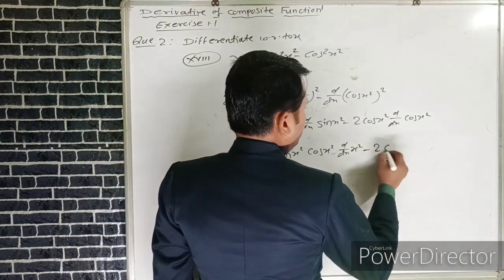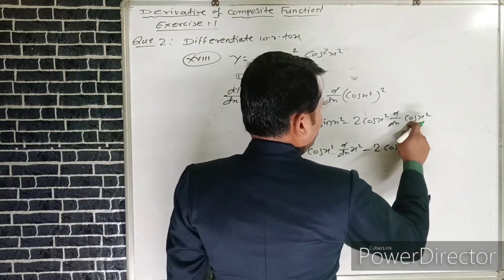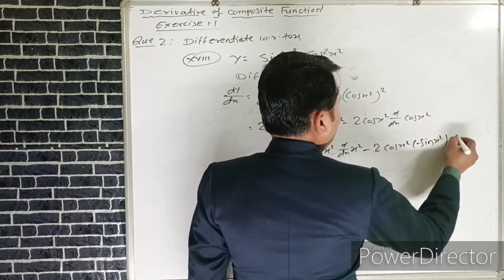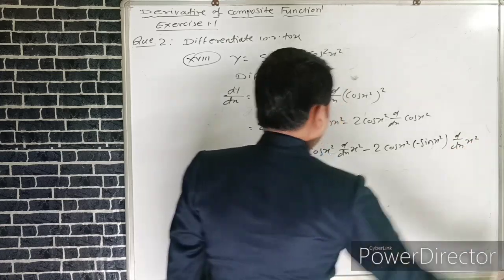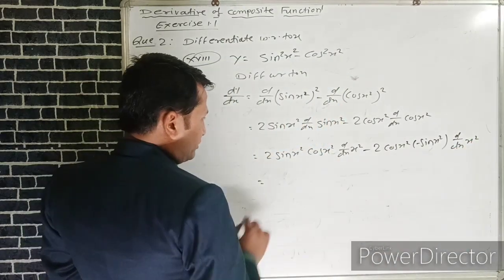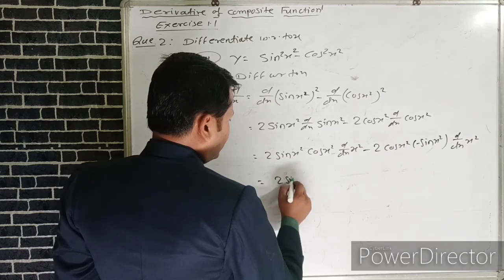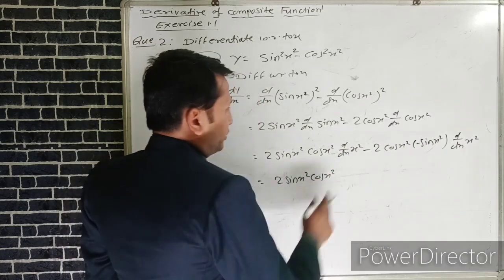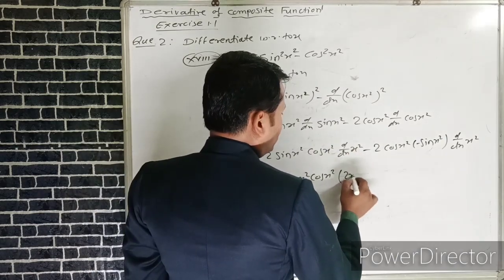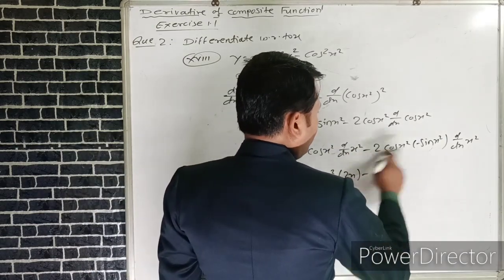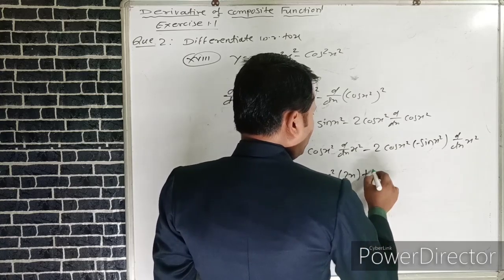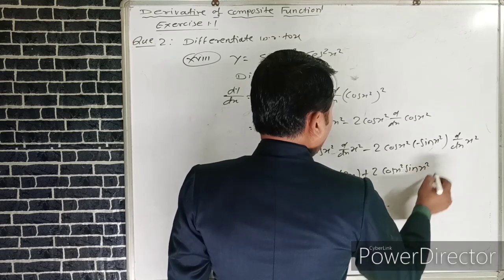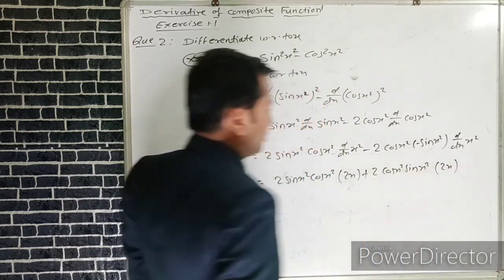Minus 2 cos of x square into the derivative of cos of x square, which is minus sin of x square into again the derivative of x square. Here 2 sin of x square as it is into cos of x square. We can write the derivative of x square is 2x, minus, plus here 2 cos of x square into sin of x square into again the derivative of x square is 2x.